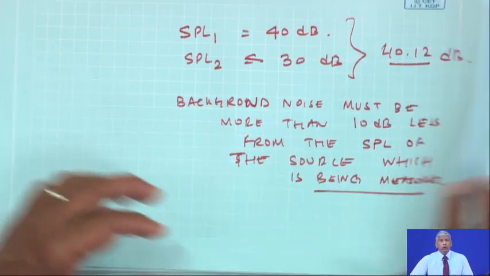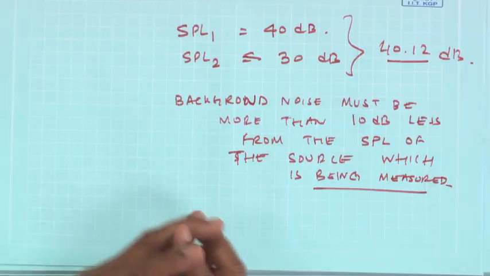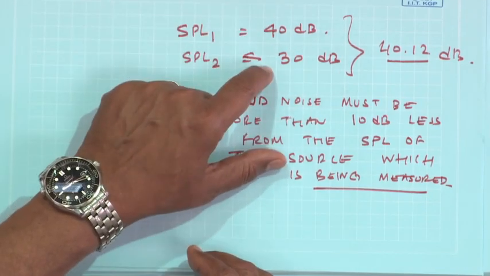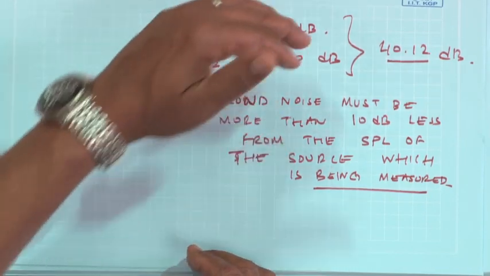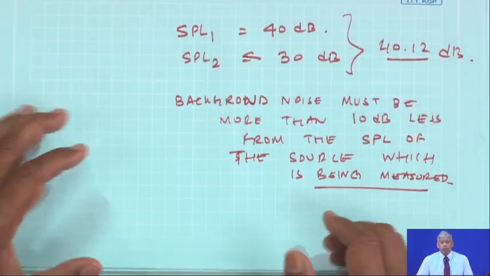So that means if you are doing noise monitoring of a machine, suppose the machine itself produces 40 decibels, then with the machine off, we must see that the background is less than 30 decibels. So in effect the background is not going to affect or add to the overall level of the measurements. So this is a very, very important rule which every noise control engineer follows when they have to measure the noise produced by machines for monitoring purposes.